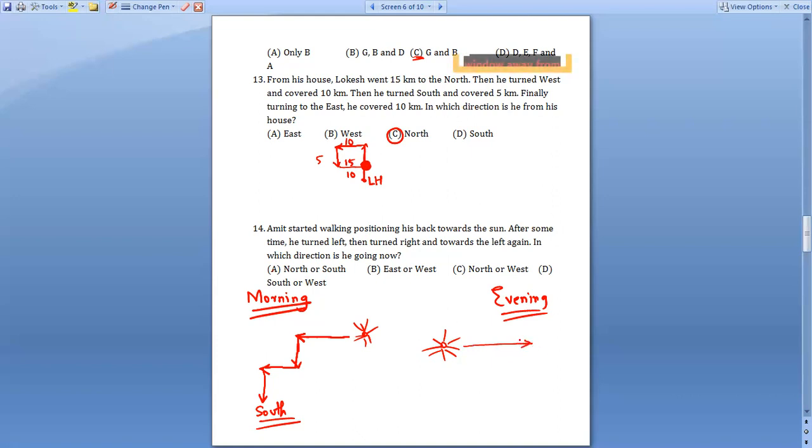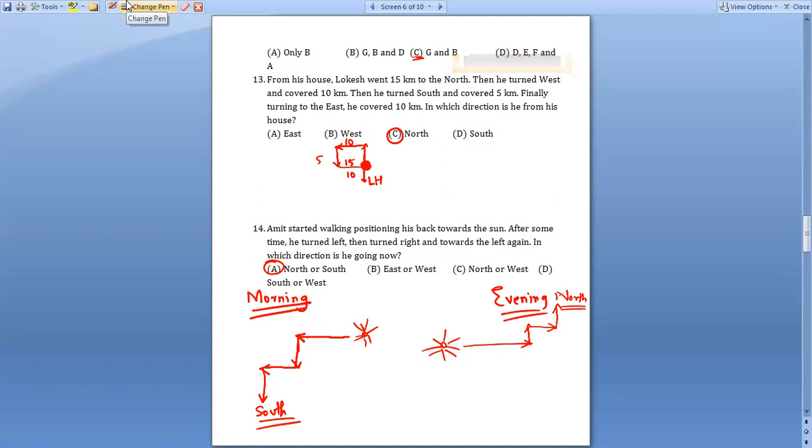After some time, he turned left. So this is his left. Then he turned right. So this is his right. And again left. So he's walking towards north, right? So either it is south or north. That is option E. So got it?